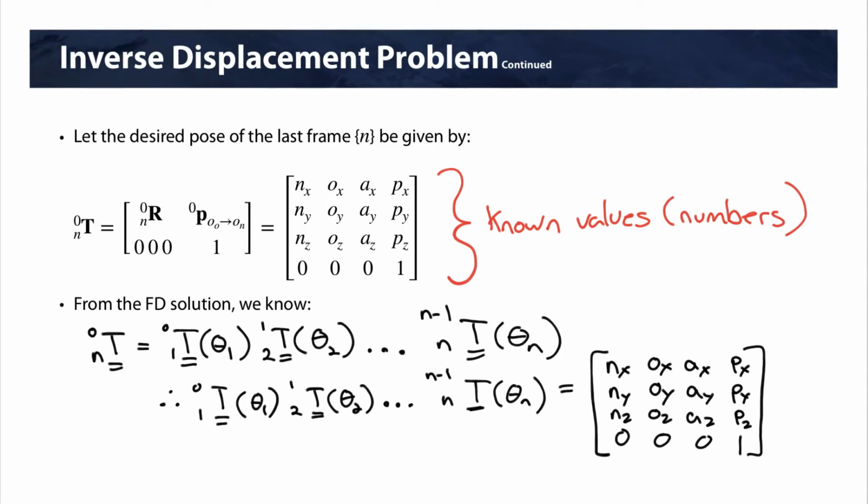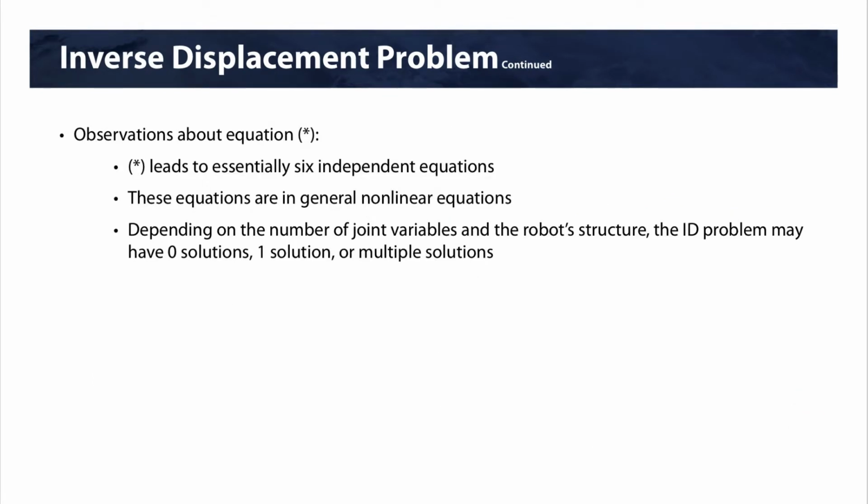We're going to call this equation star. The left-hand side are expressions in terms of our joint variables, and our right-hand side are known values.